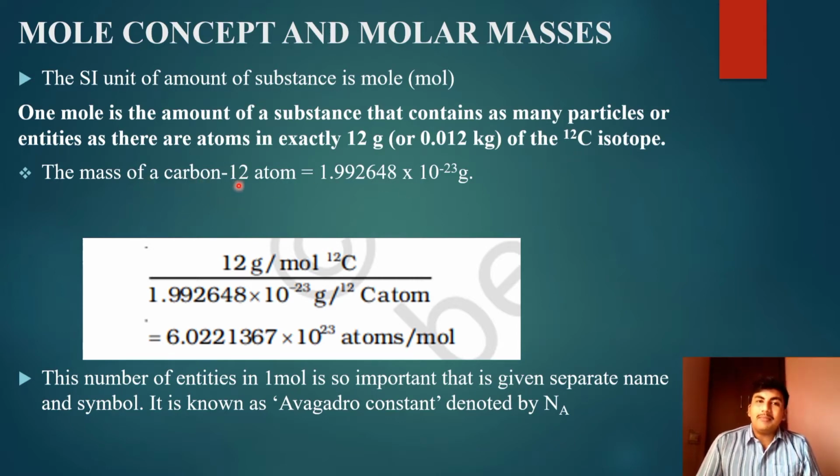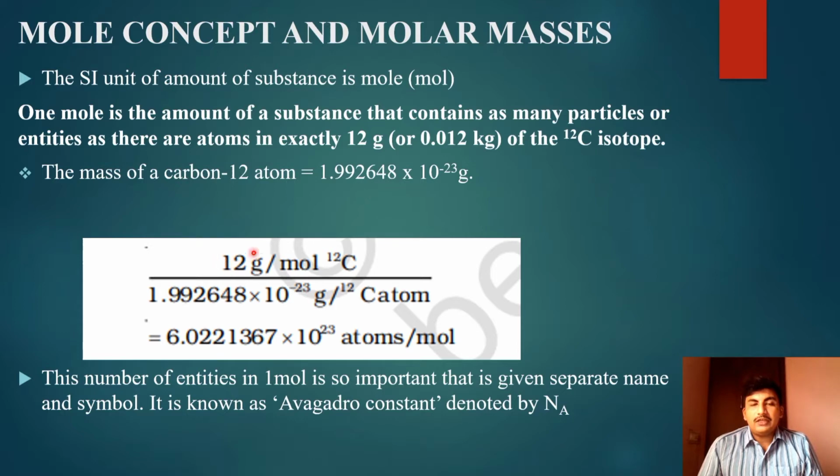So now what is the mass of one carbon 12 atom? It is determined by another method, that is 1.992648 into 10 to the power of minus 23 gram.